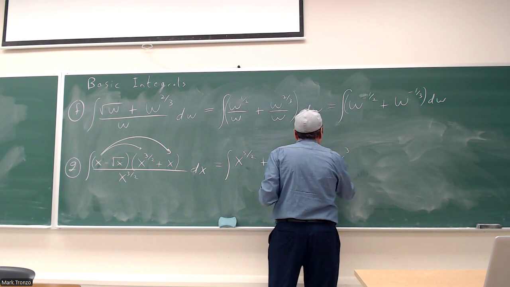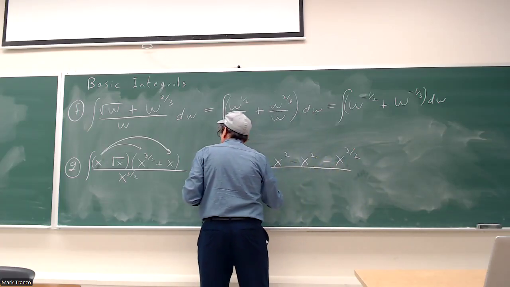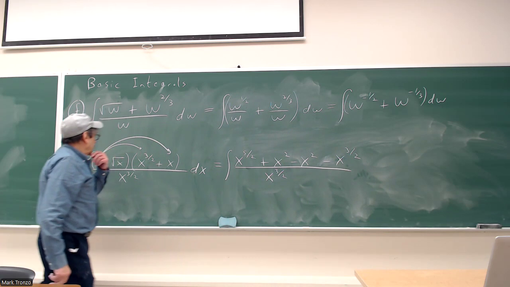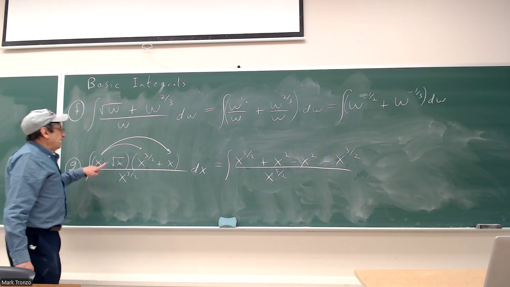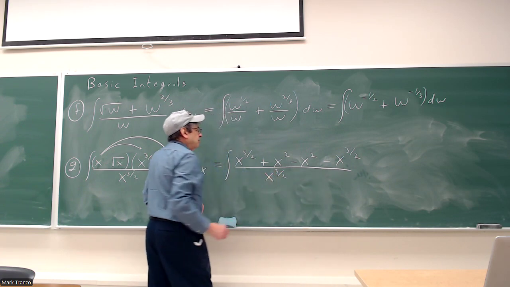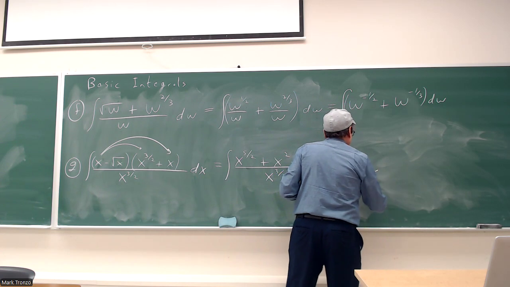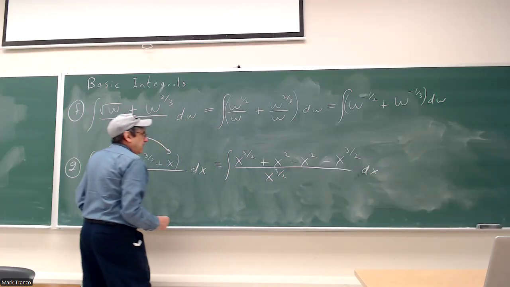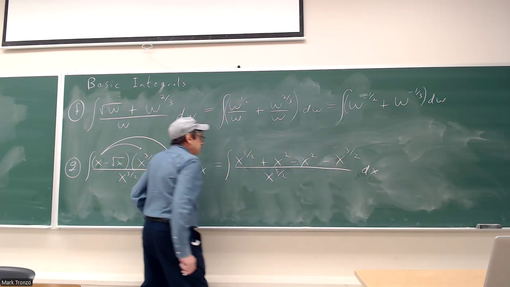Excuse me, this should be negative. Negative x to the 3/2, like this. Again, notice here that when we multiply these out, these two terms are going to cancel. That'll make things a little bit nicer. And let's go ahead and cancel those. And that's going to just leave us with this term and this term.